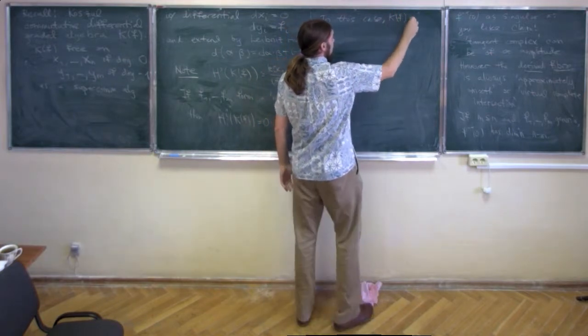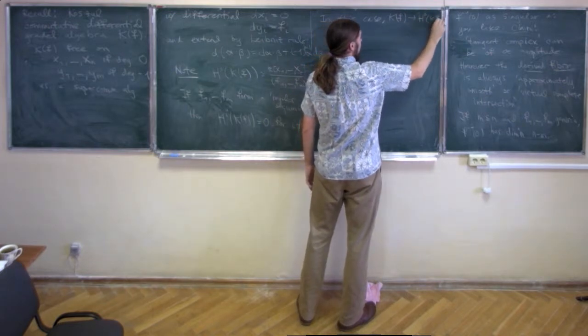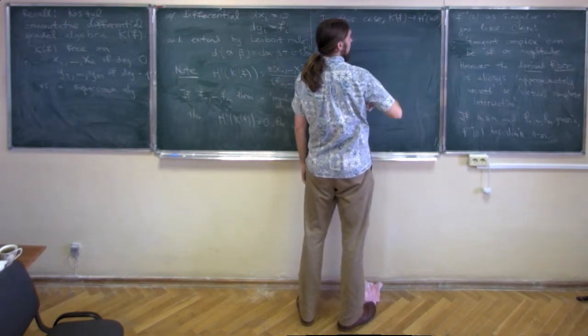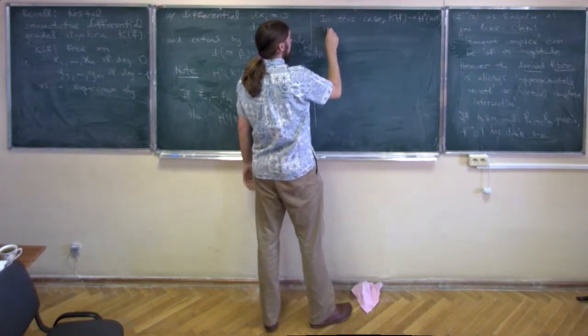So we have a map here to the functions on the zero fiber, and this here is the quasi-isomorphism.